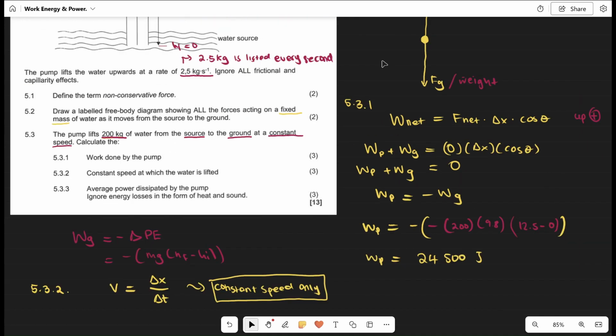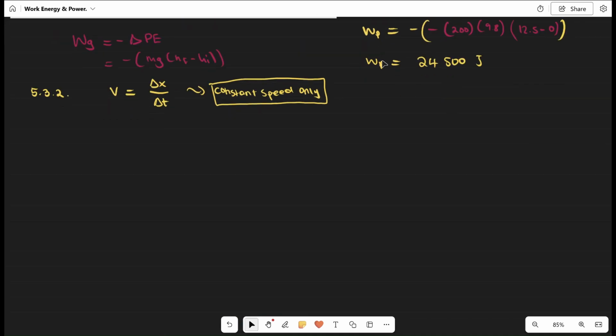So with that, we have that ratio. We can just say 2.5 kg is lifted every second, which means 1 second. So this is a ratio, 2.5 kg per second.